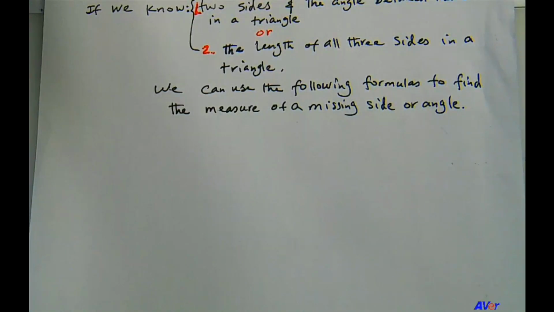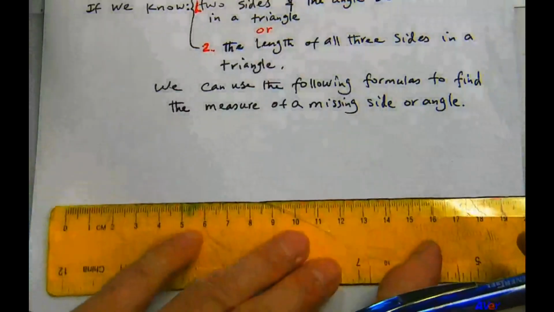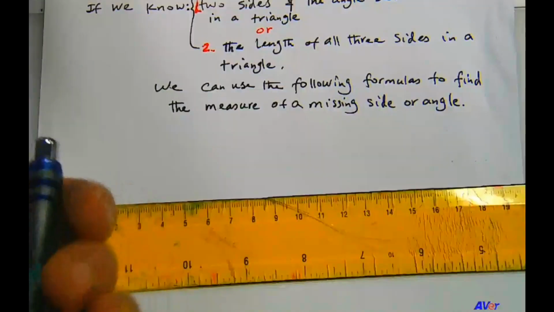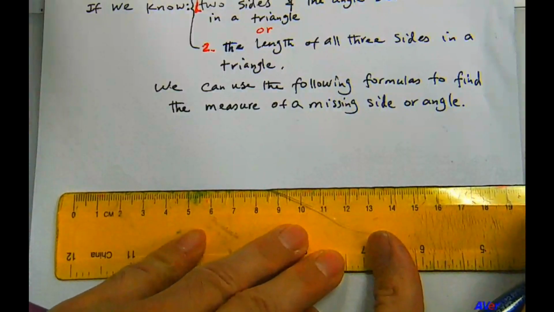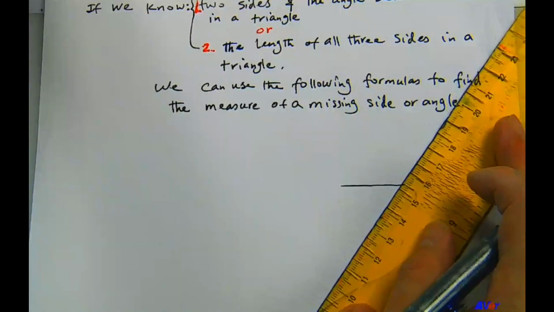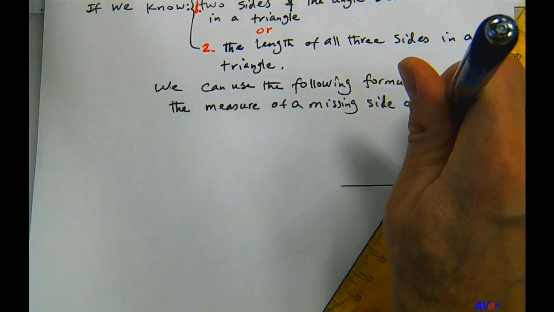I think I should draw a picture to augment these formulas, so I'm going to do that here. So suppose we have this kind of triangle, like that.